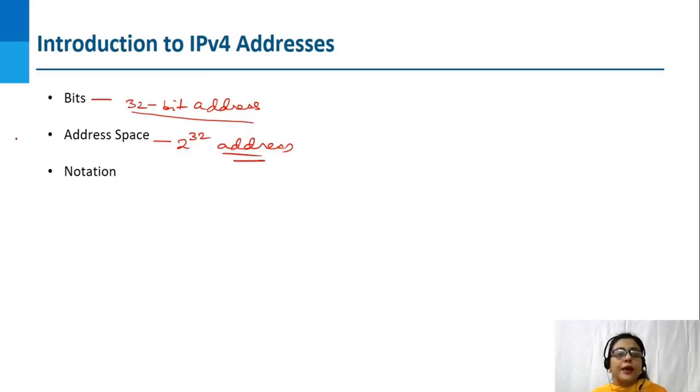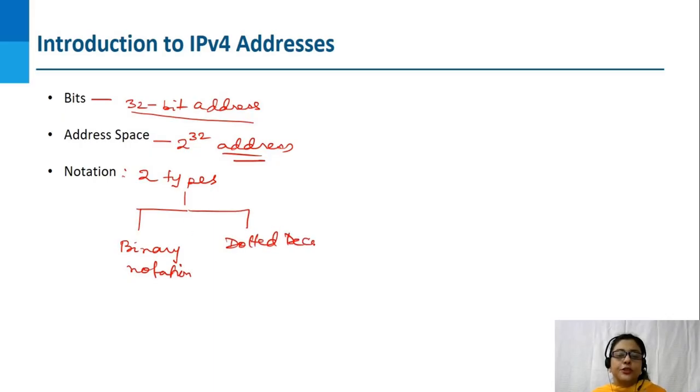Now, there are two types of notations for IPv4. One is called the binary notation and the other one is called the dotted decimal notation.